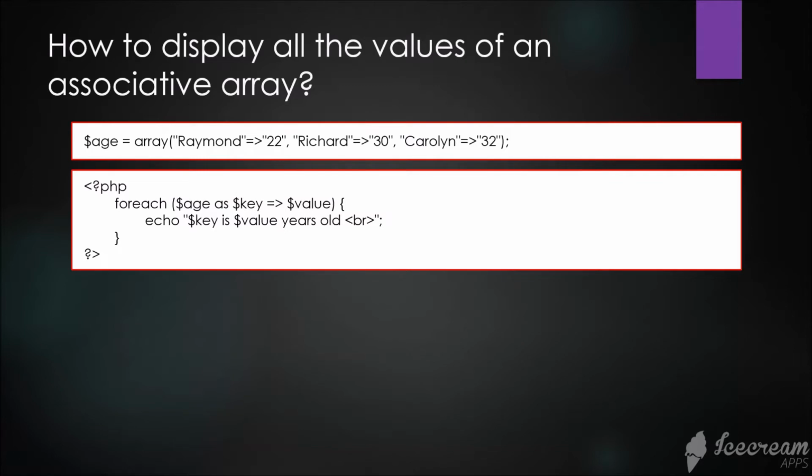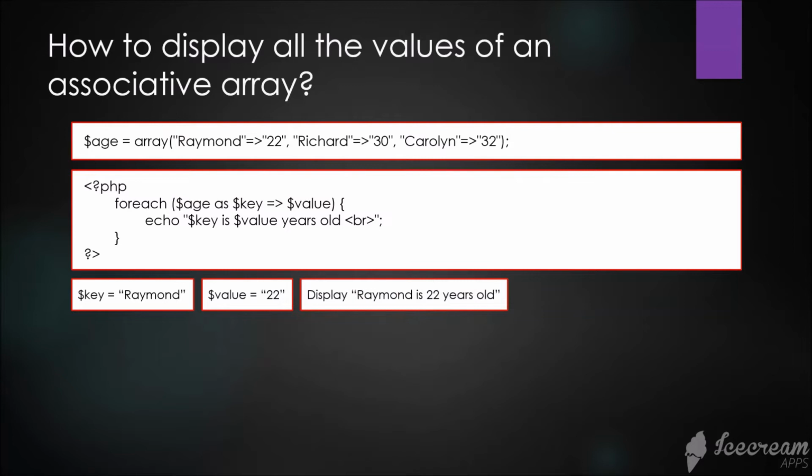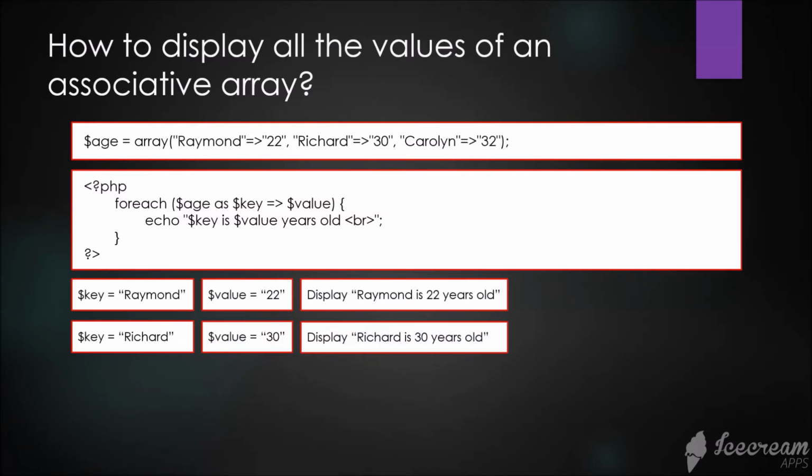Now let's try to simulate the process. Okay, so the key will receive a value of Raymond. Then the value variable will receive a value of 22. Then we try to display it. Okay, so next iteration, the key will have a value of Richard. Then the value variable will have a 30. Then we display again.